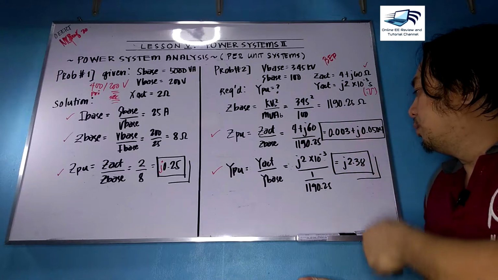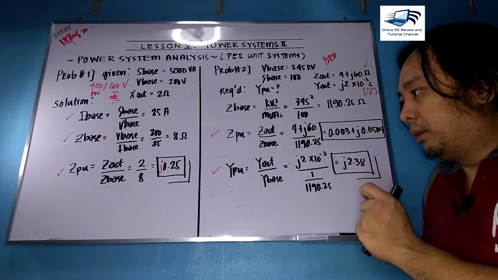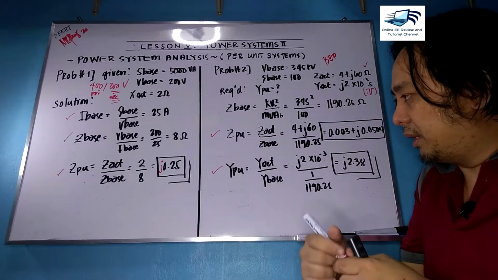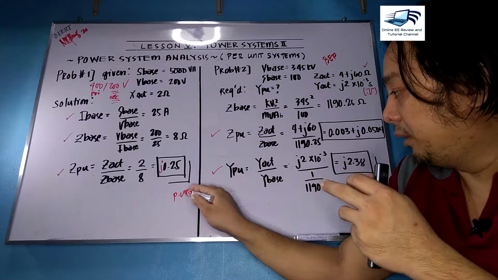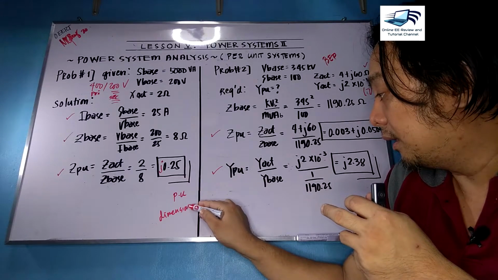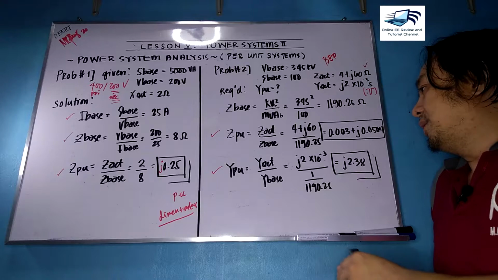The answer is 0.03 plus j0.0504. Please take note that these values are in per unit, or dimensionless, so there's no unit at all. So this is the answer for Z per unit.